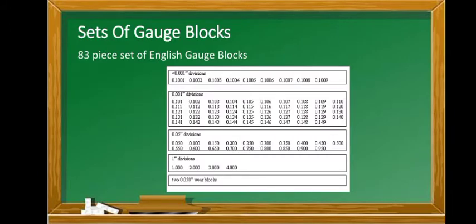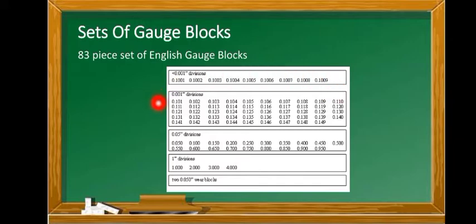Now, we have here sets of gauge blocks. So, this is the set of English gauge blocks which contains 83 pieces of blocks, including the 2 wear blocks. So, in the first box or first group of blocks with 0.0001 inch divisions, this contains 9 blocks from 0.1001 inch to 0.1009 inch.